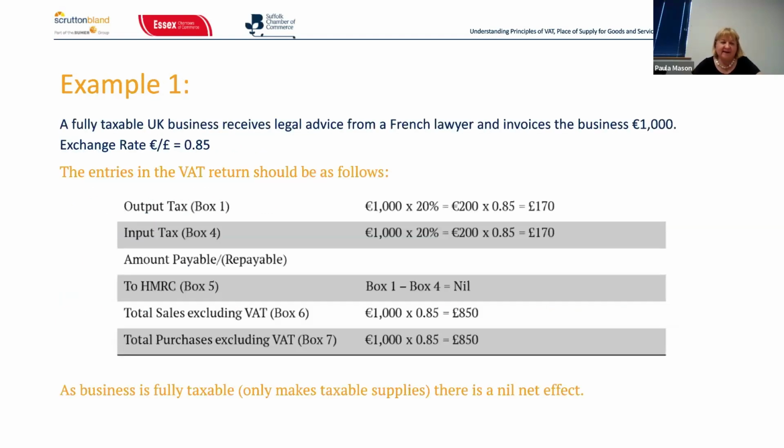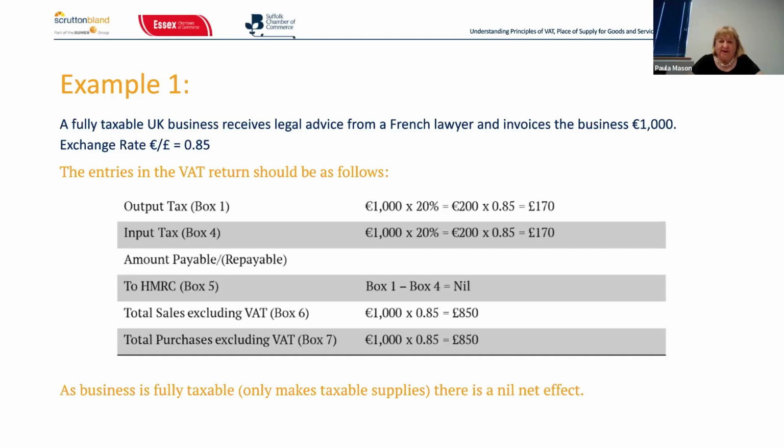So just to highlight this, we are going through a few examples. In example 1, we have a fully taxable business, i.e. they only make taxable supplies, a UK business, which receives advice from a French lawyer, and the French lawyer invoices the business €1,000, at an exchange rate of 0.85.